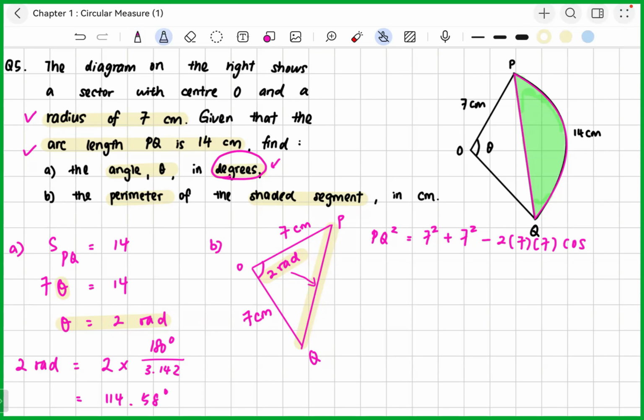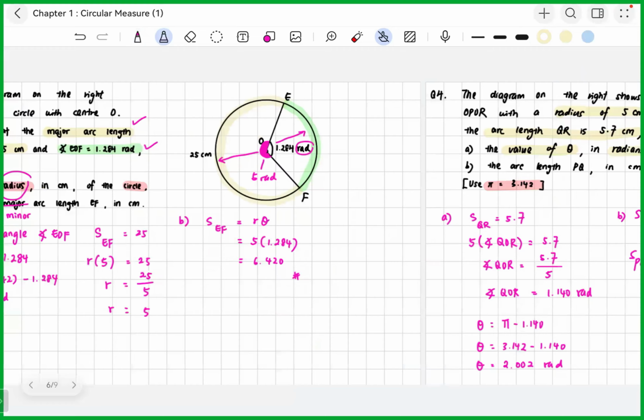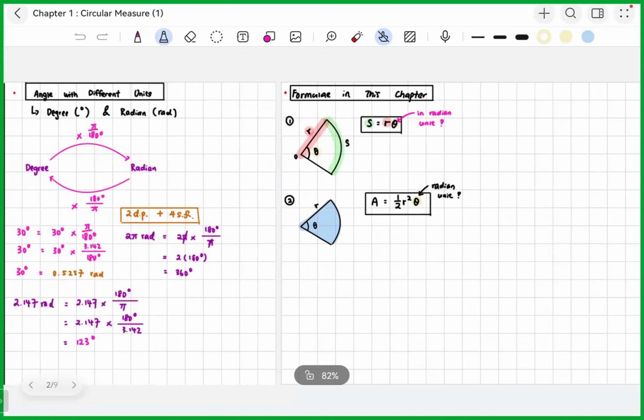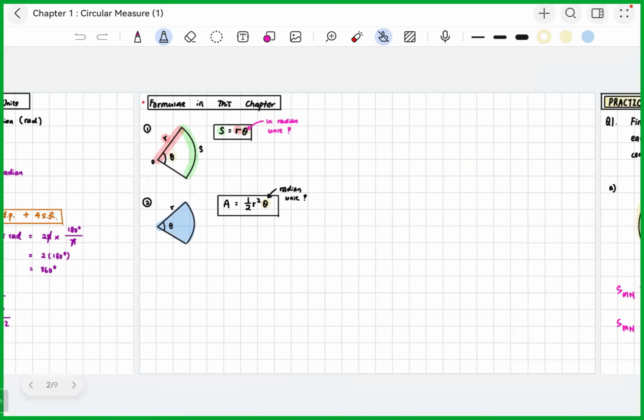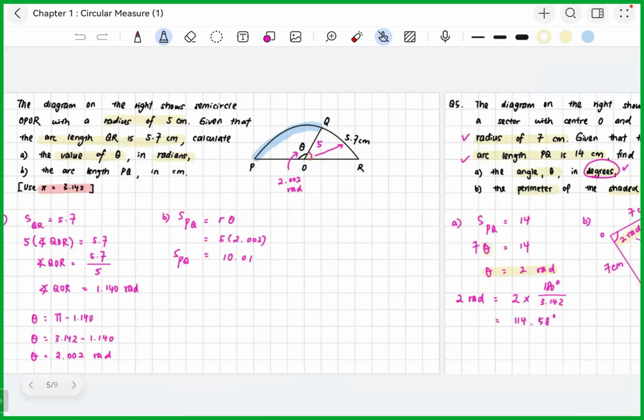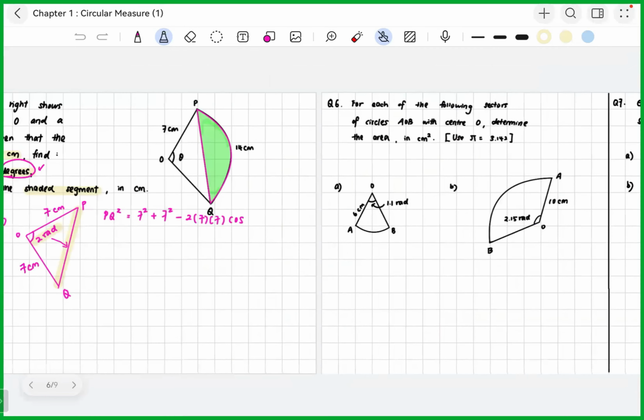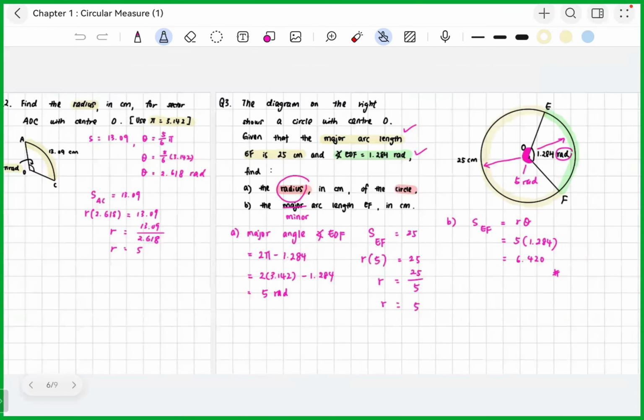Now the angle in cosine rule, sine rule, or any other formula except these two formulas here, only these two formulas have to use the angle in radian unit. For other formulas, the angles must be in degree unit, not radian unit. So these two formulas are very special.